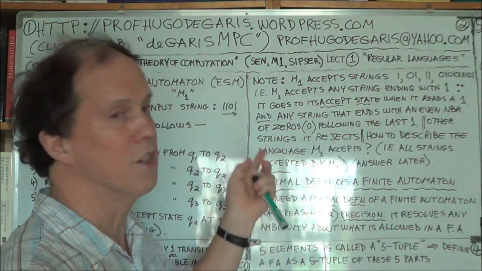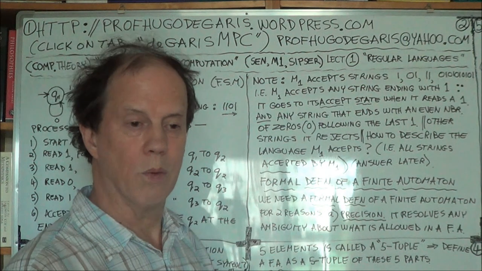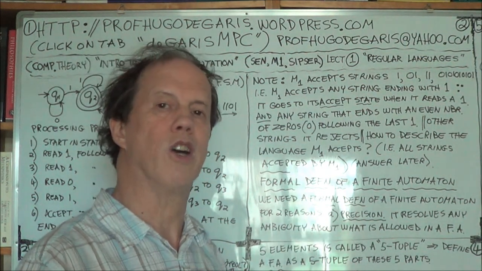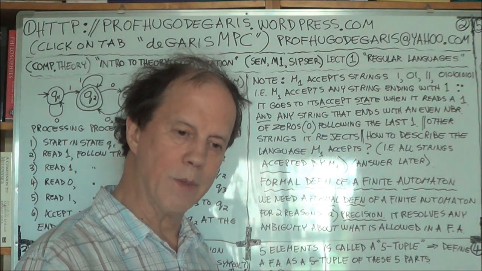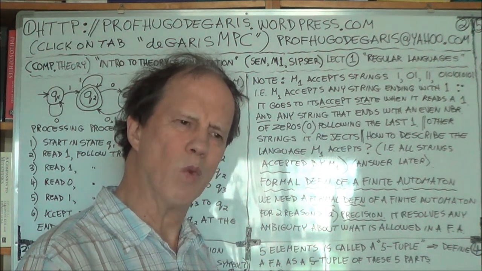So it's an interesting question. What do all these accepted strings have in common? In other words, this machine M1, just exactly what is it?